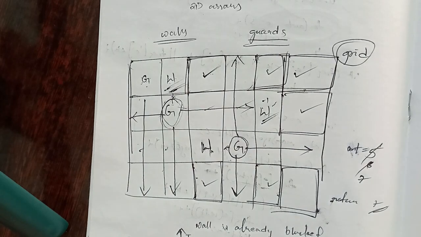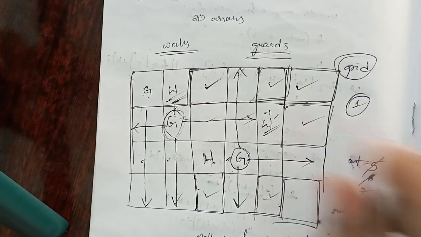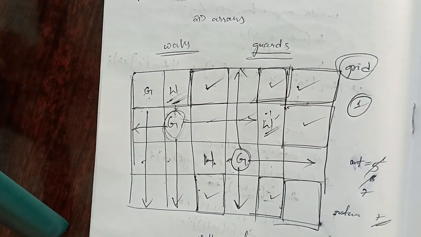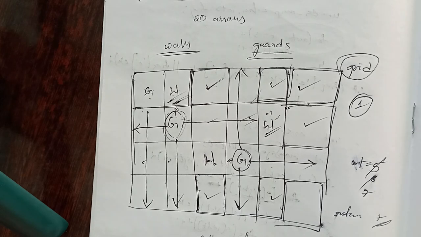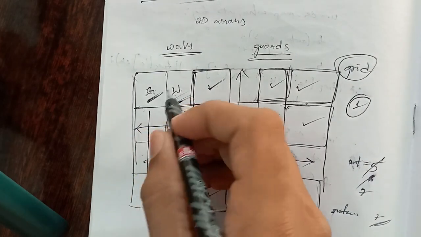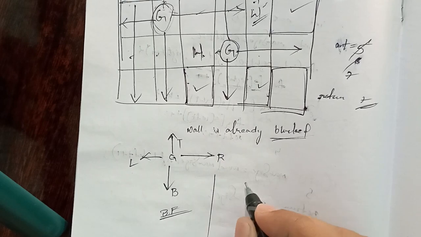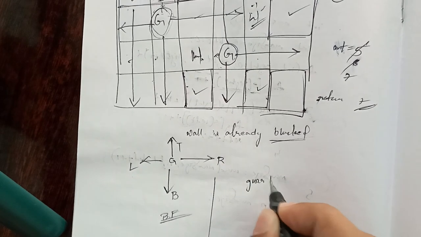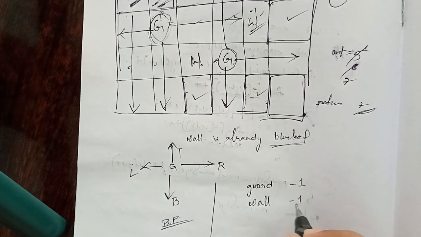So we need to iterate over walls one time and make the cells where the walls are present as -1. And if there is a guard here, we need to also make it -1. So where a guard is present, make that cell -1, and where a wall is present, make that cell -1.